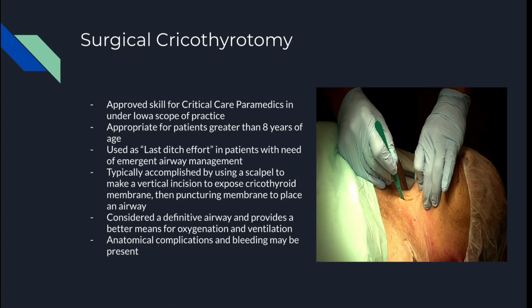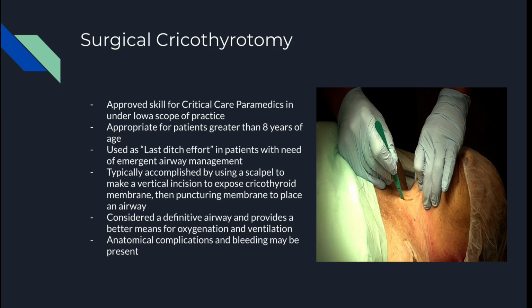So generally this is accomplished by using a scalpel to make a vertical incision to expose the cricothyroid membrane, and then puncturing that membrane to place an airway. So some people probably learned the horizontal incision method, but that 3 centimeter incision vertically is going to not only give you more surface area in that incision to where you can see it, gives you a bigger window, but it's also going to be a little bit safer, and you'll have less of a risk of cutting through a vessel at that point.